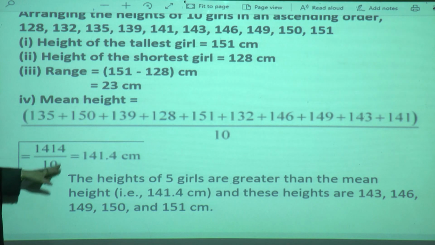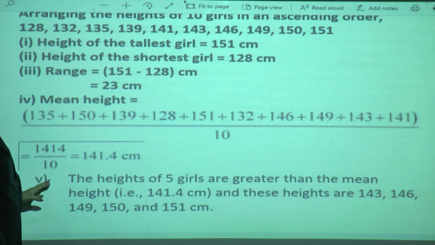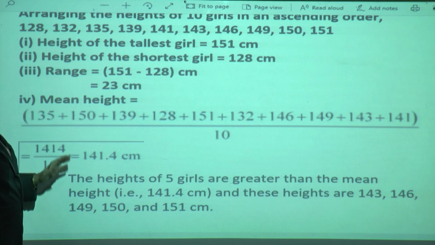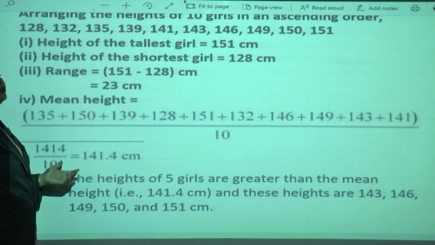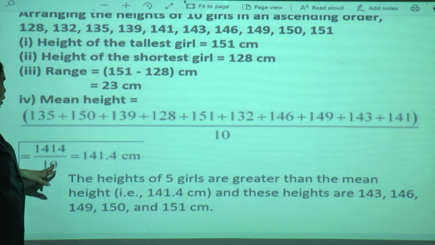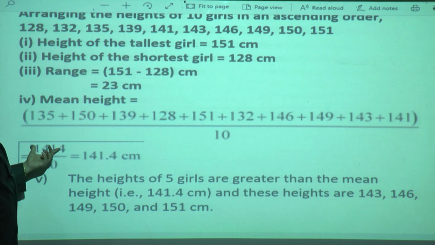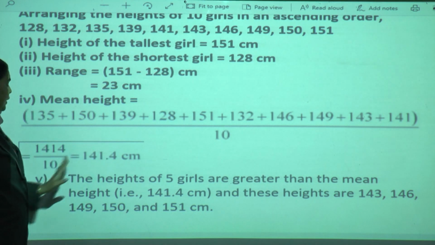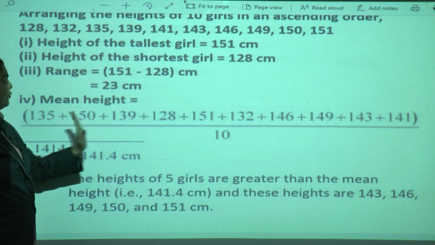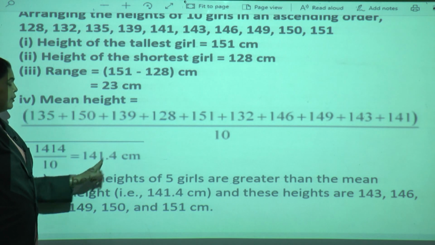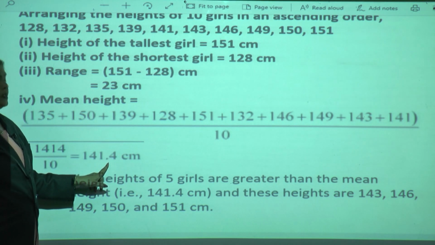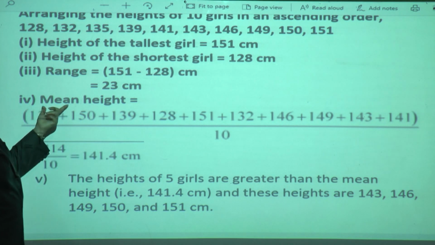Now it is in fraction form. When dividing by 10, 100 or 1000, you already know where to insert the decimal point. Here we have 10, so write the number as it is. We have to leave 1 digit and after that insert the decimal point. So what will be the mean?